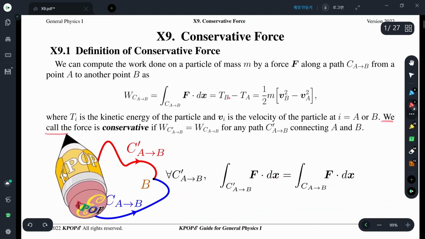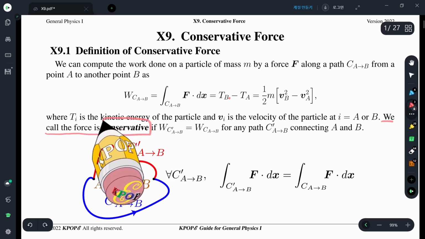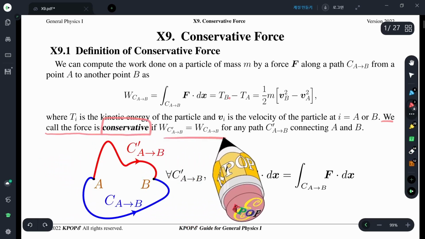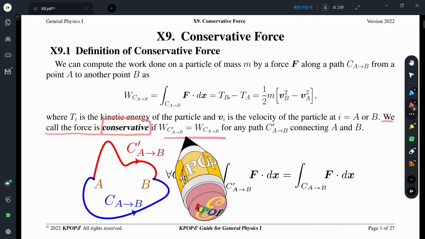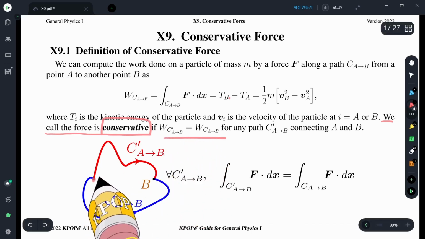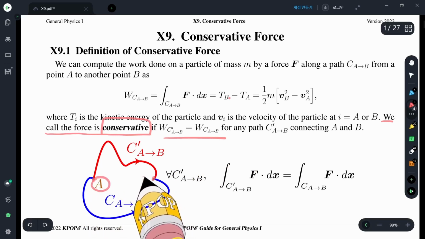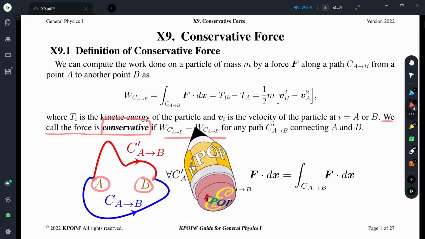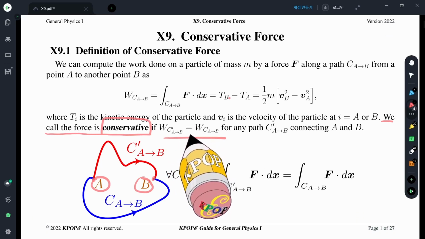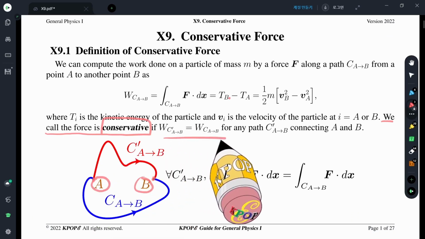We call the force conservative if the work done by the force from a position A to another position B is always the same, independent of the path.